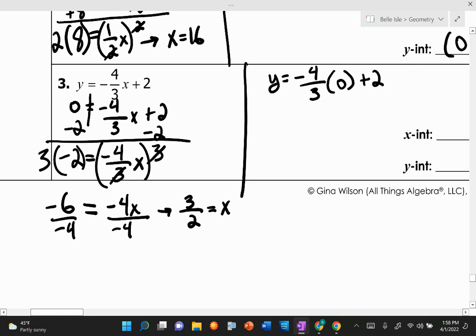Or you could just use the little thing. Why are you doing this? Also, the x-intercept is 1.5. I would prefer no decimals. It is an adequate answer and I would count it correctly, but my preference is no decimals. Yes, Rowan, you are correct.